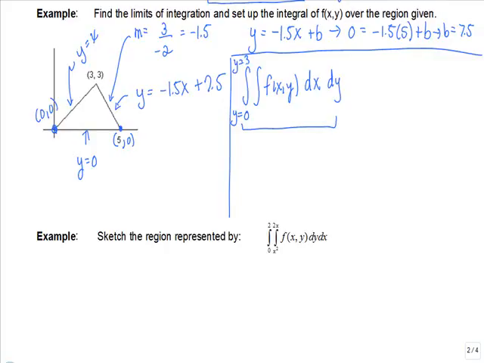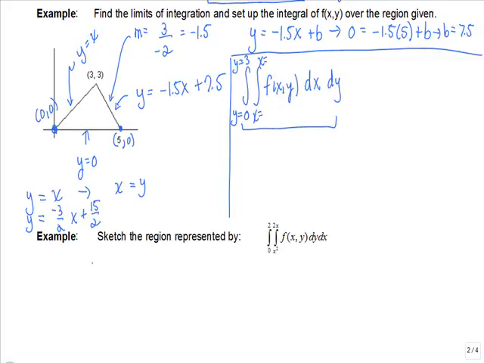Now, to do the inner limits, I need to do from x equals to x equals, which means I need each of those equations written in the form x equals. Well, y equals x is pretty easy to write as x equals. That's going to be x equals y. If I have y equals, I'm going to rewrite this as a fraction, negative 3 halves x plus, and let's see, 7 and a half is 15 halves.